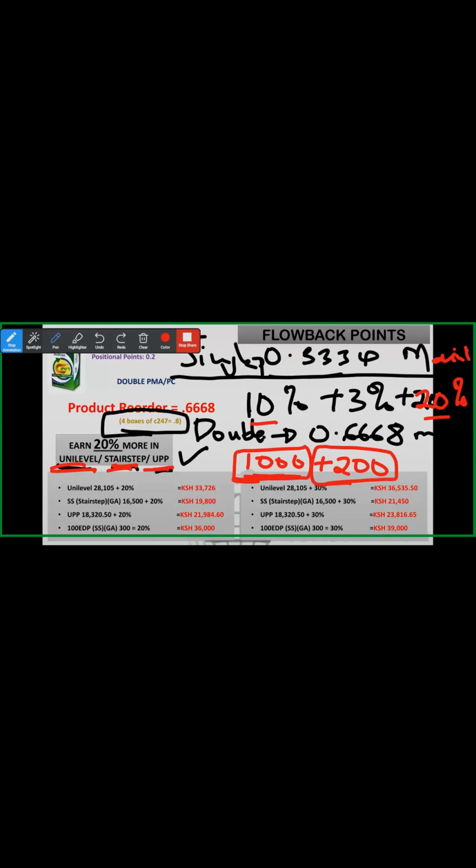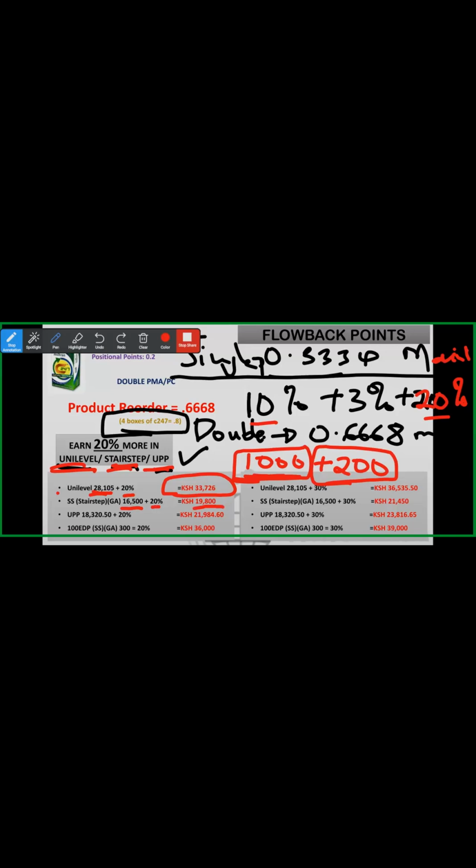That is what you can see down here. If unilevel ulikuwa upate 28,000, you will get an additional 20%. So this one will be coming to 33,000 Kenyan shillings. For the stair step, you are supposed to be getting 16,000, but then you get an additional 20%. So that will be 19,800.